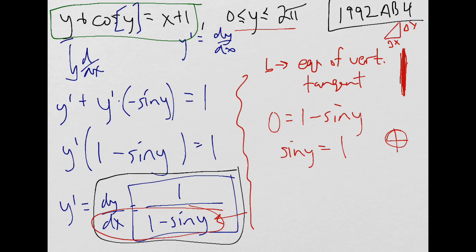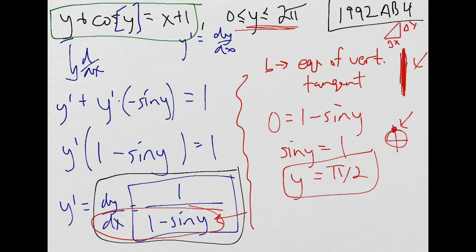I think about the unit circle, only going from 0 to 2 pi. Sine is the y-coordinate, so you should see that that's the only place on the unit circle where the y-coordinate is 1. So that means the solution to this is y equals pi over 2. So I have my y-coordinate, but that doesn't do me any good for the equation of the vertical tangent.